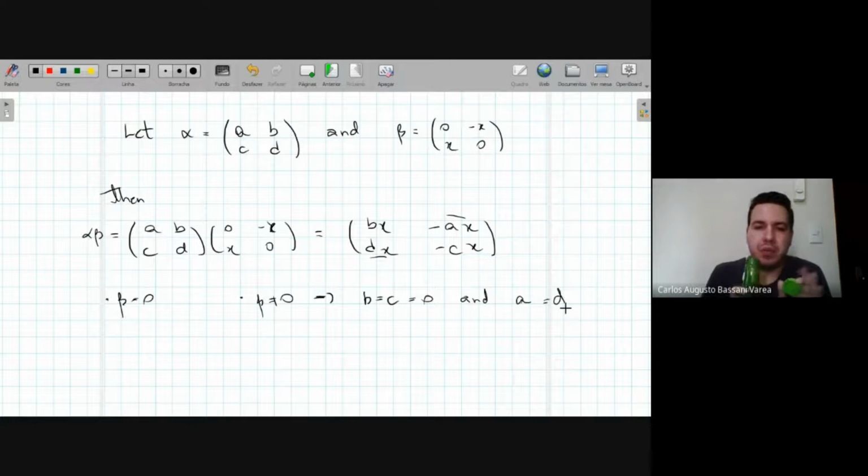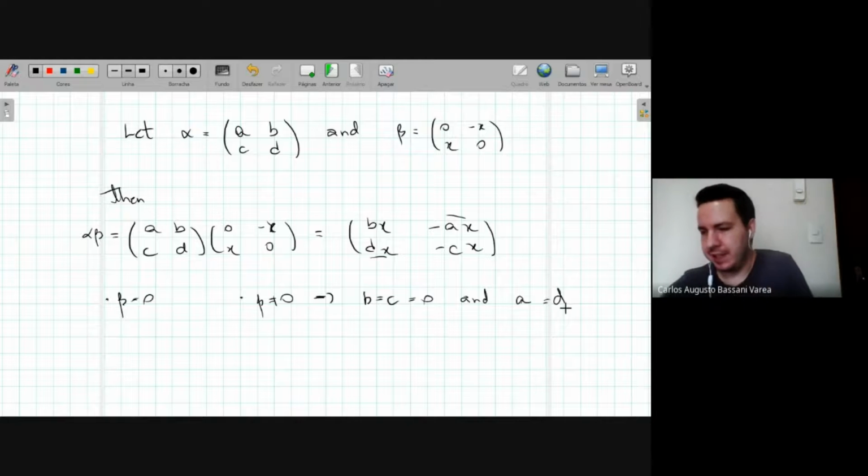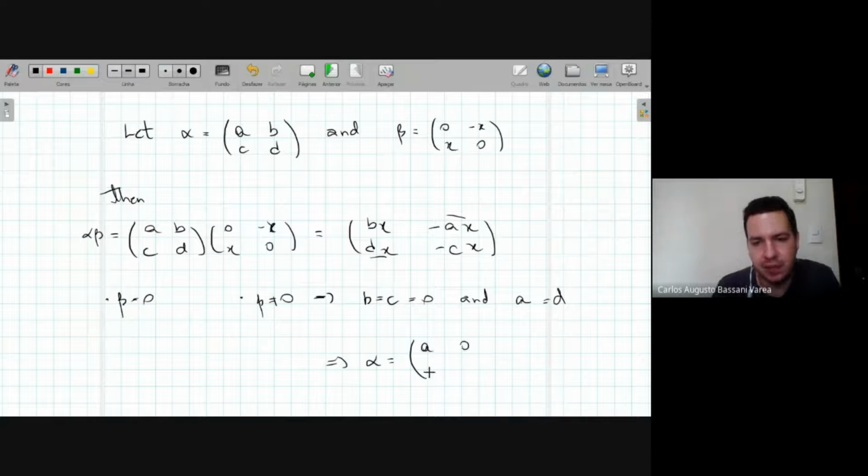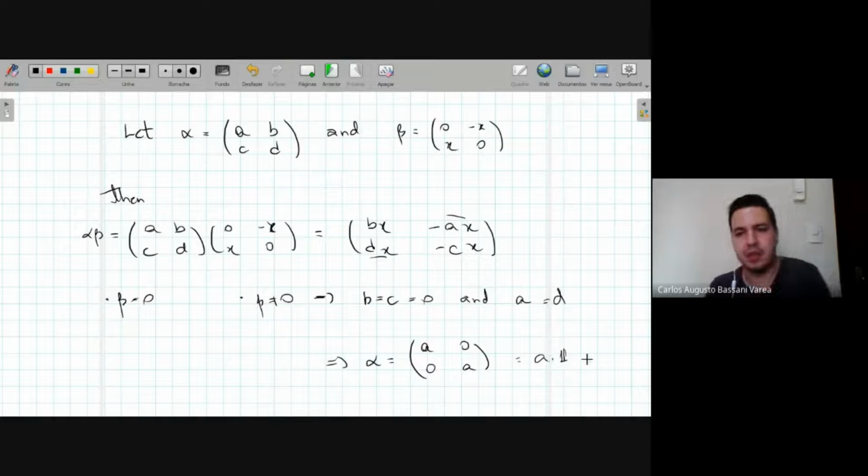So we obtain these conditions. When we replace these on the expression of alpha, we obtain that alpha is of the form A, 0, 0, A, which means that alpha is a scalar matrix. It's a real number times the identity.